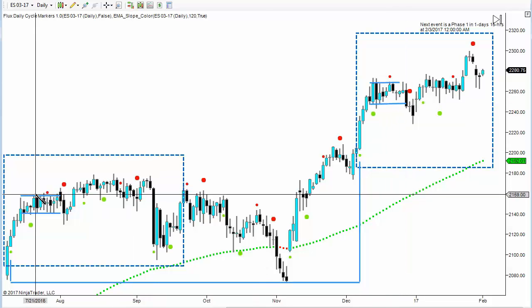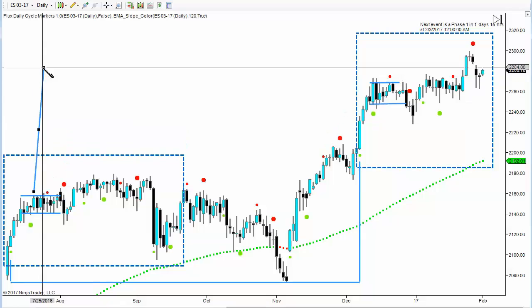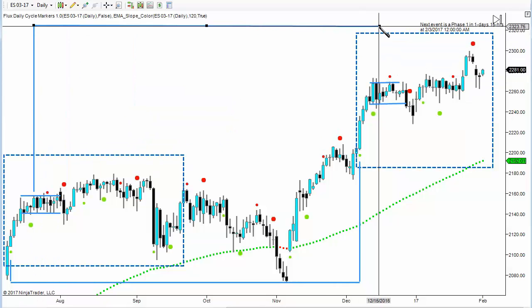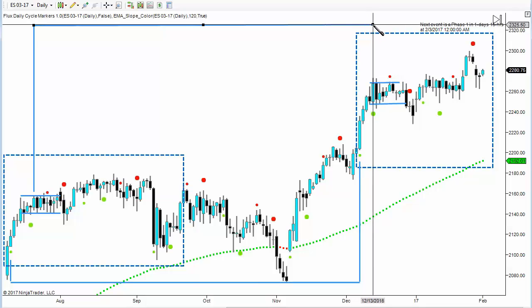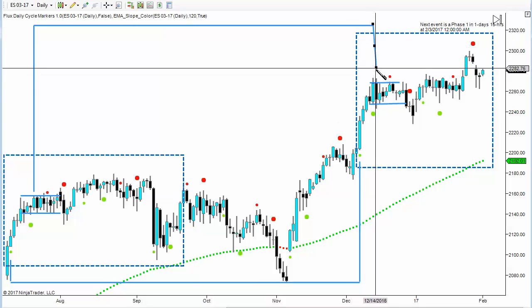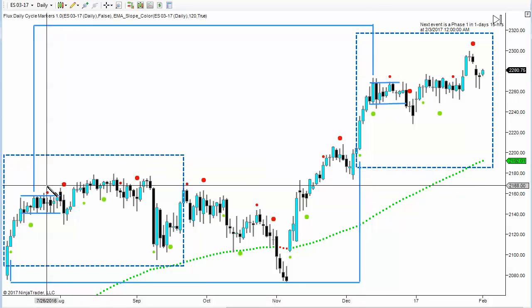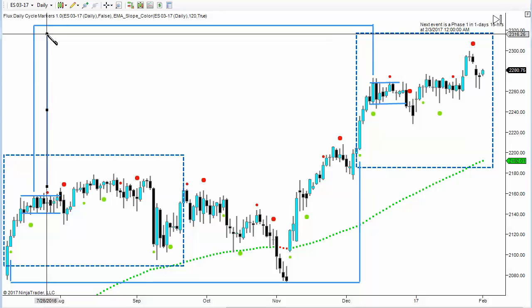The phase two signal, in this case, the day after, was a higher high close. In this constellation, the phase two signal was the higher high close. We see that the phase three signal was the higher high in both constellations.